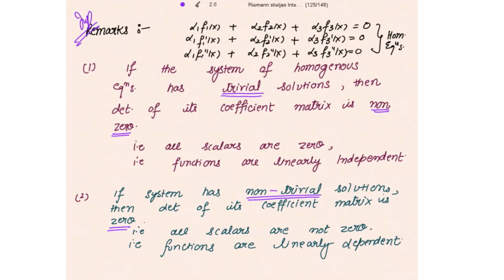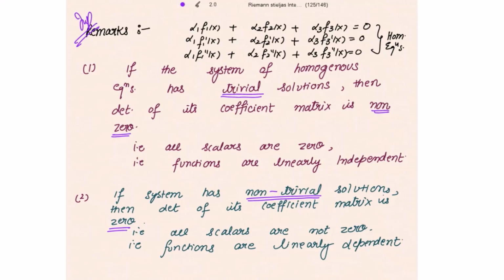So whenever you have homogeneous equations, take the determinant of the coefficient matrix. If the determinant is non-zero, the solution is trivial, and trivial means linearly independent. If the determinant comes out to be 0, then the functions are linearly dependent, right?